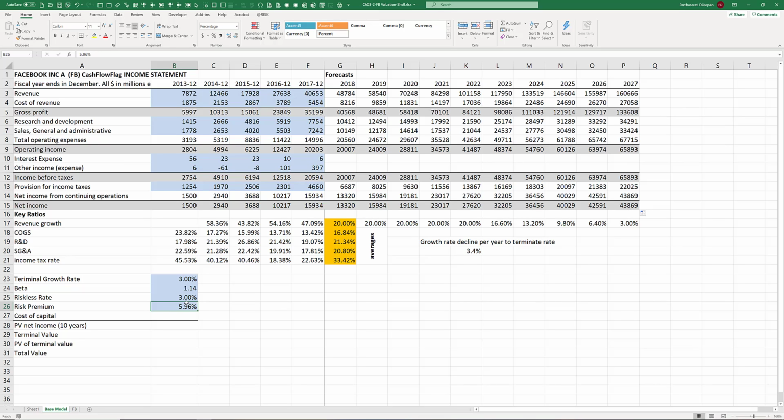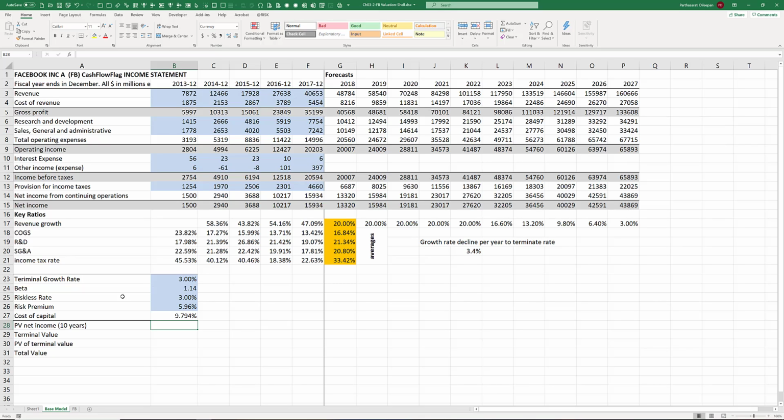This risk premium is the premium for companies with beta equal to 1. So if beta is greater than 1, then you have to adjust for that. So your cost of capital is the riskless rate plus risk premium times beta. So that gives us the discount rate.